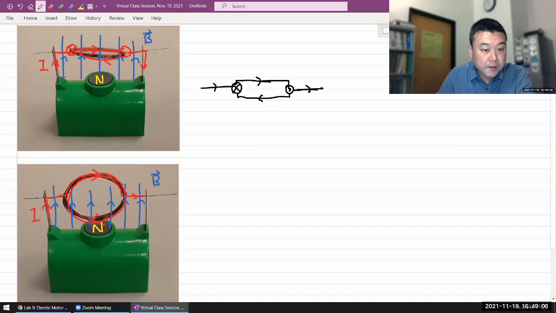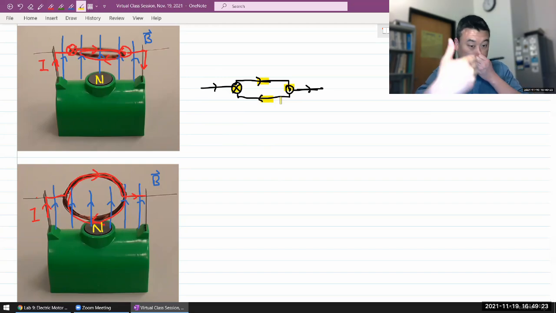So when we have a magnetic field in the region, we can do the right-hand rule to figure out the direction of force on each of the segments of this wire. So let's do that. The first segment I'll consider is where current is flowing into the screen, into the page.